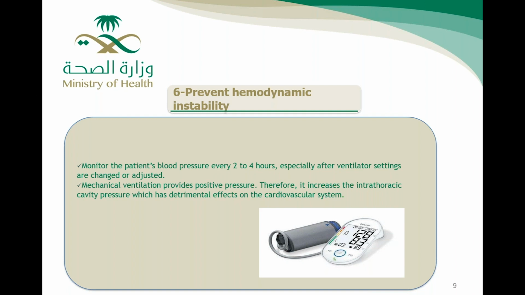Also, when we increase the PEEP, positive end expiratory pressure, to a high number, it might affect the venous return. So we will check the blood pressure continuously and monitor the heart rate, saturation, everything.